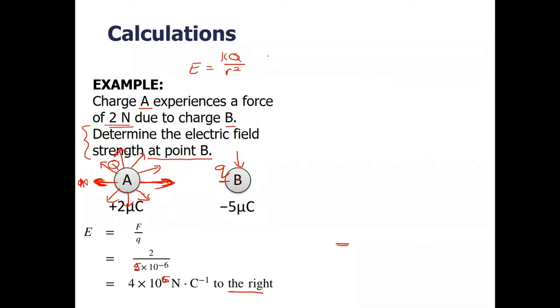Okay, so for field direction, look at the pattern. You're looking at the field pattern around the charge, and you're deciding where you are around the charge.